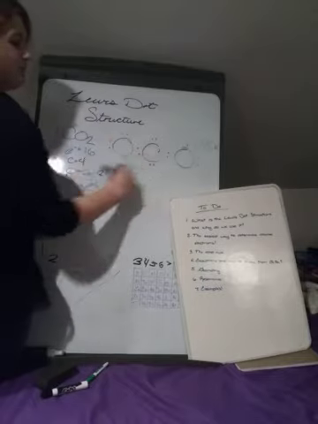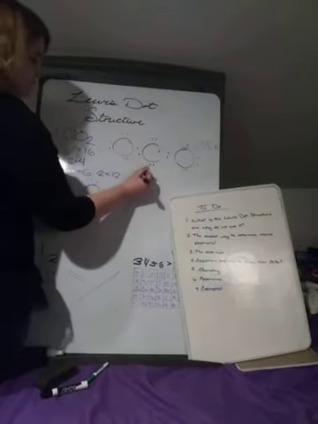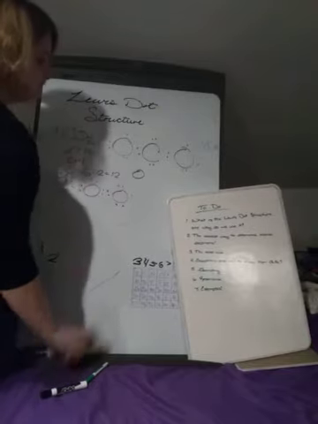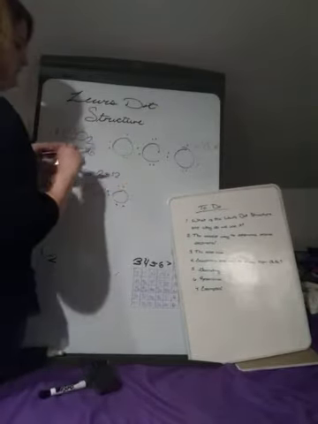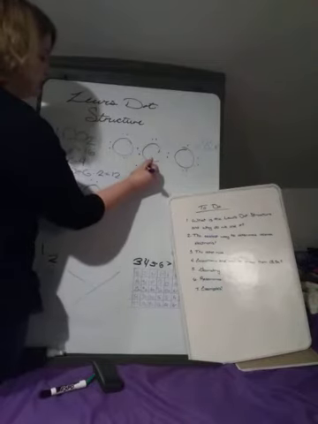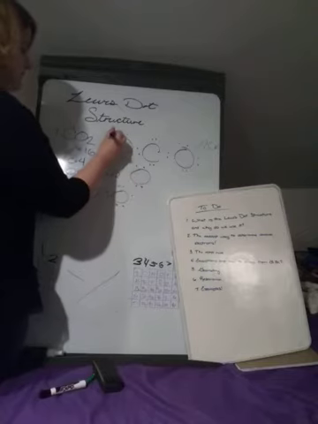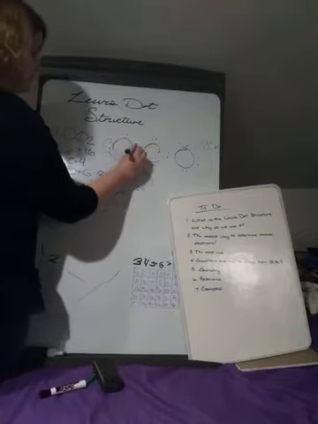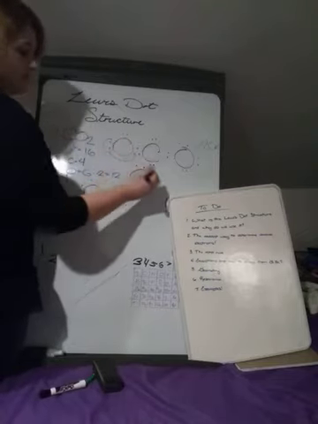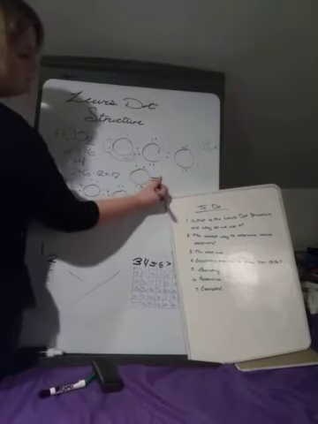I hate reaching over the whiteboard. It's easier. So, I'm going to take my oxygen and eliminate this section, and move this over here. Alright, everyone with me? So now I have a double bond, and remember, this is 4 electrons.